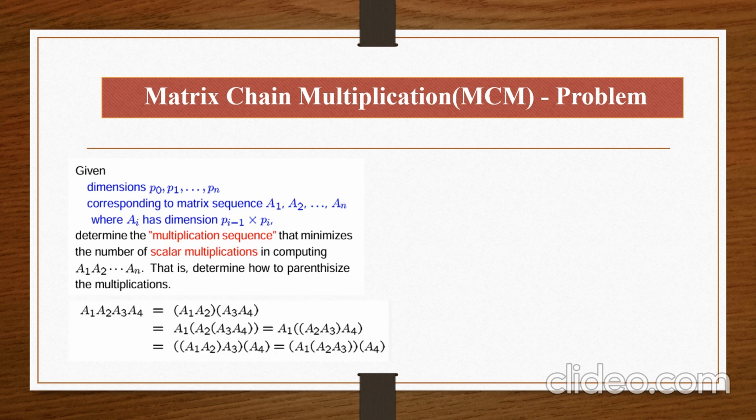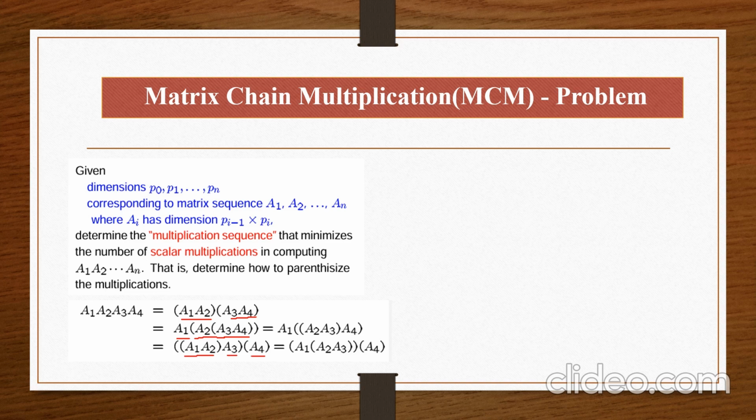If there are four matrices A1, A2, A3, A4, there are different ways in which you can parenthesize. These two can be multiplied first, these two can be multiplied second, and later on you can multiply these two. Or else A3, A4 can be multiplied first and then multiplied with A2 and then with A1. Or else A1 and A2 can be multiplied first, then with A3, then with A4.